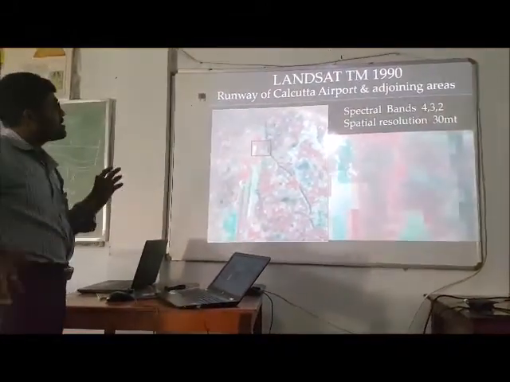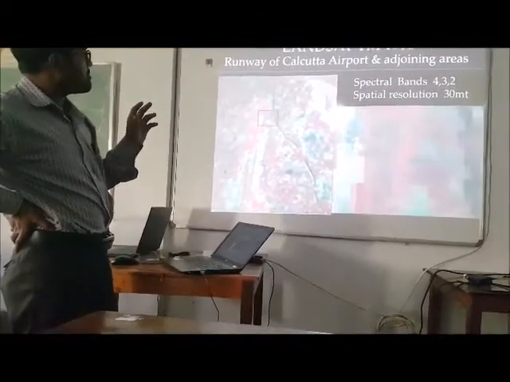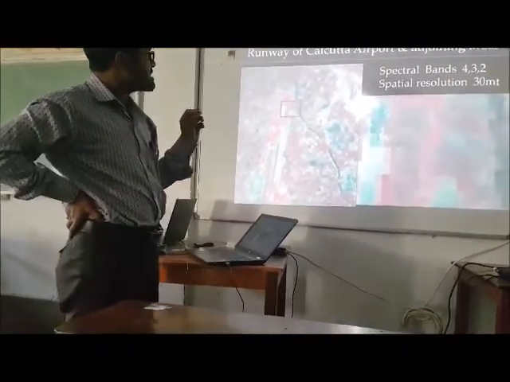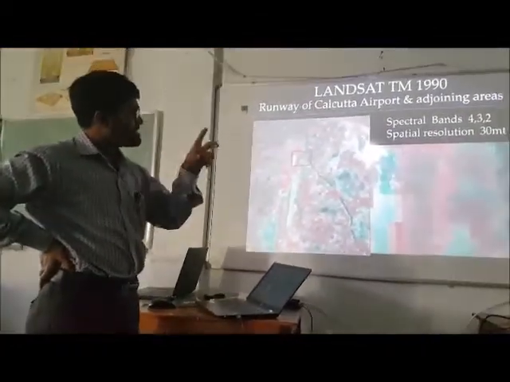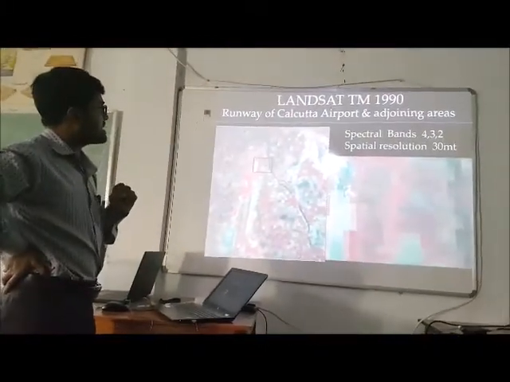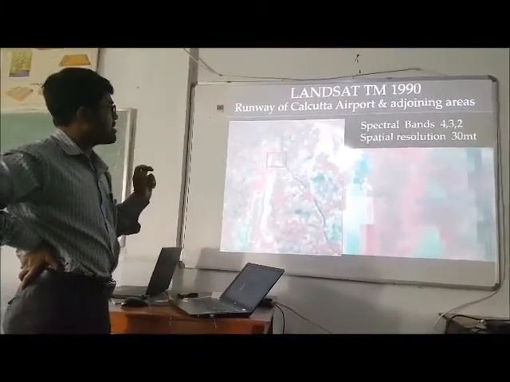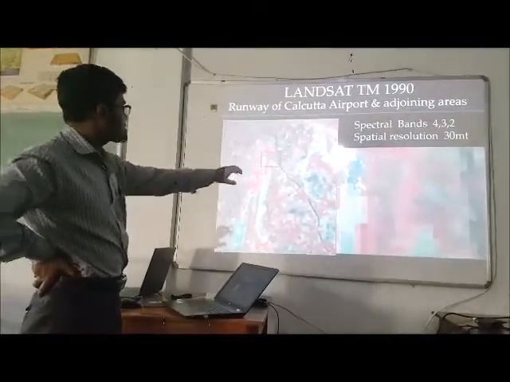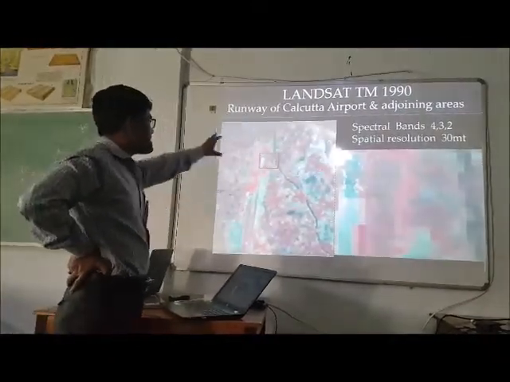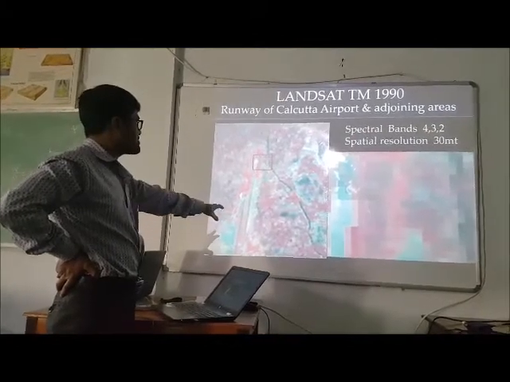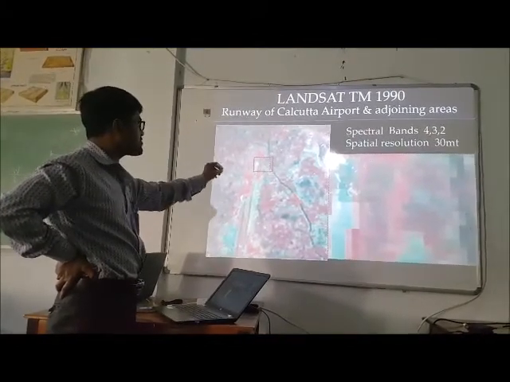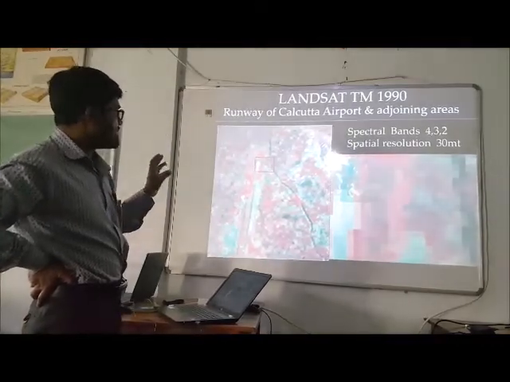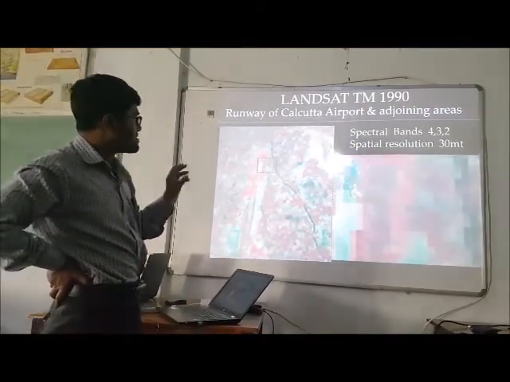This is the Landsat image of 1990. At that time, the sensor was called TM, Thematic Mapper. This is the standard false color composite, meaning band 4, 3 and 2 combination, and its spatial resolution is 30 meter.